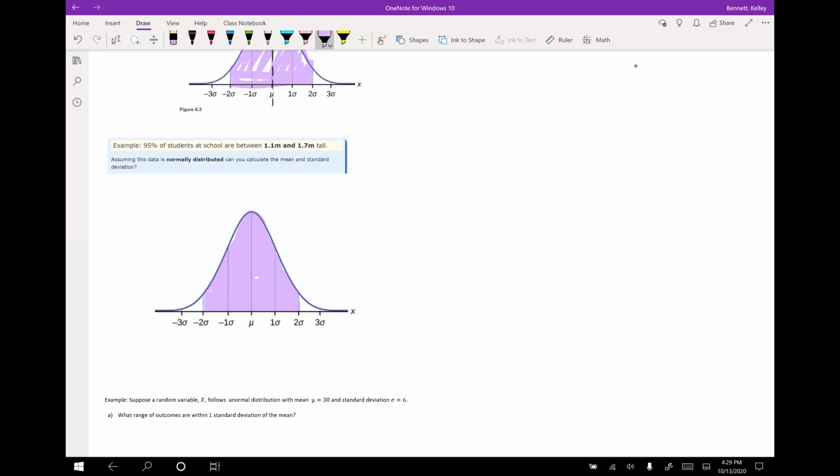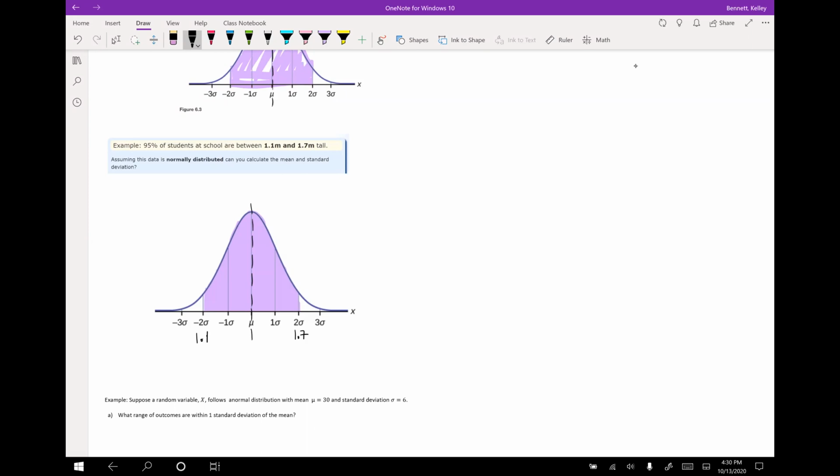Because they're telling us that these 2 standard deviations, this purple region, is going from 1.1 to 1.7. So this is a bit of a challenge problem to start off with. I think things will get easier once we pin down what we're doing.